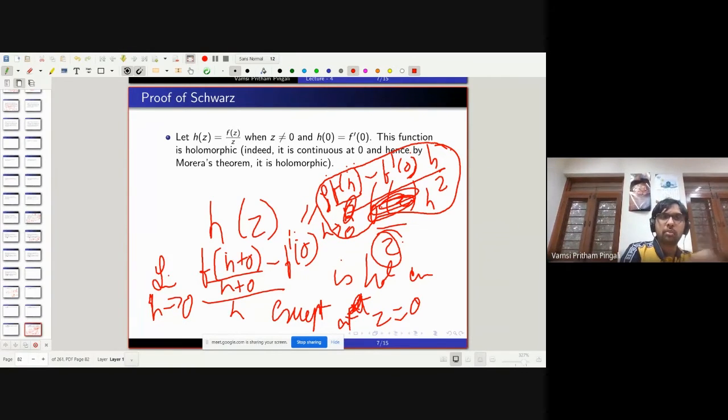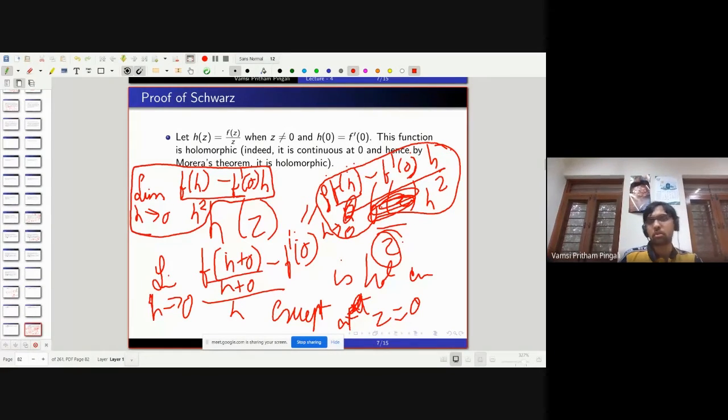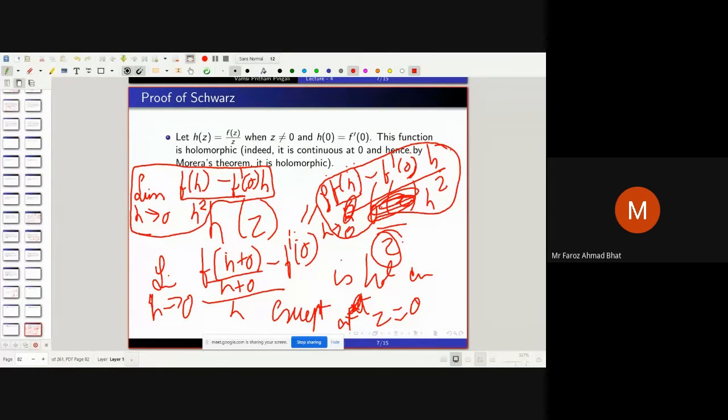Let me write the limit again. I'm sorry, it is f of h minus f prime 0 times h divided by h squared. Why does this limit exist? Because it takes 0 by 0 form.